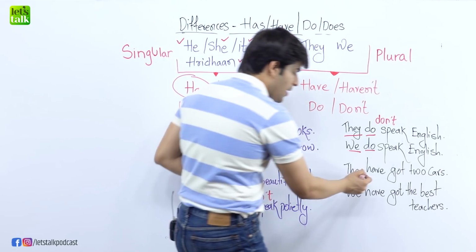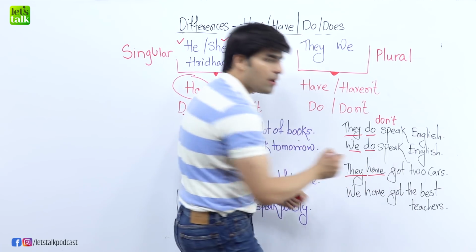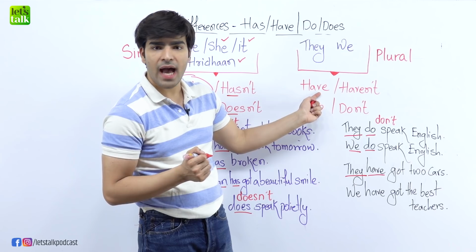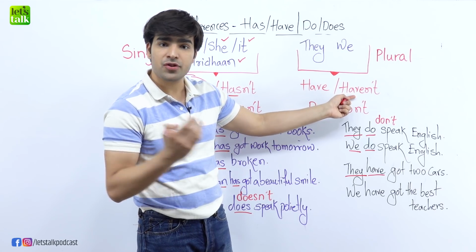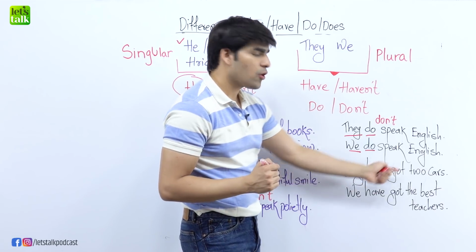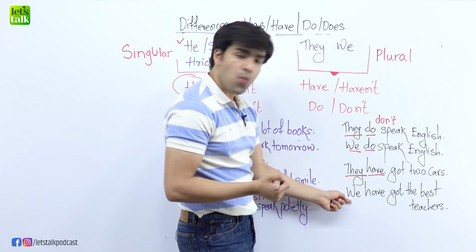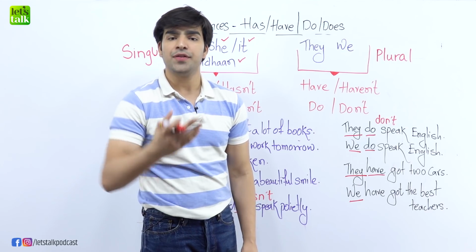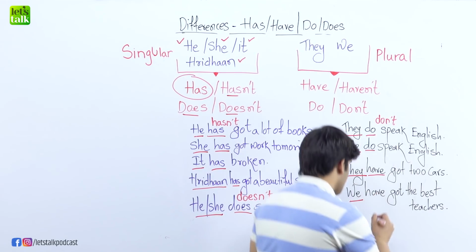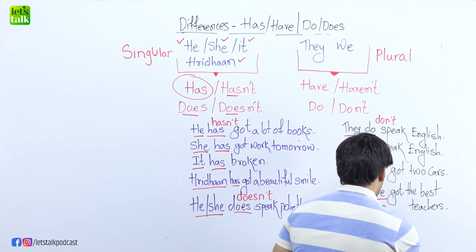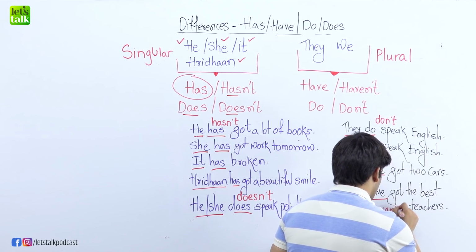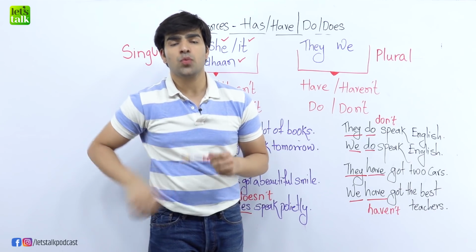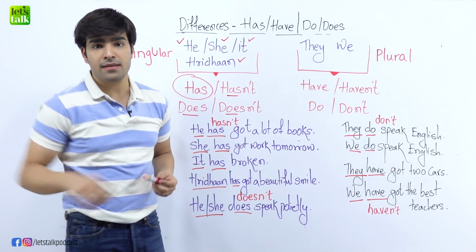Plural. So, they have. As we discussed, with plural, we always use have or the negative of have, which is haven't. They have got 2 cars, or we have got 2 cars. The negative would be haven't got 2 cars.